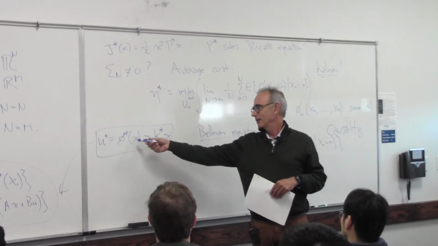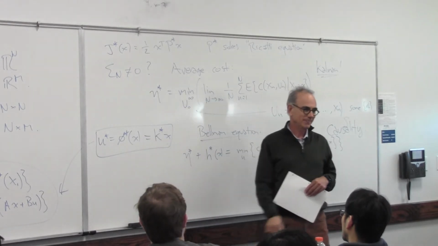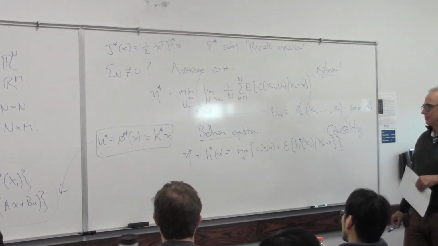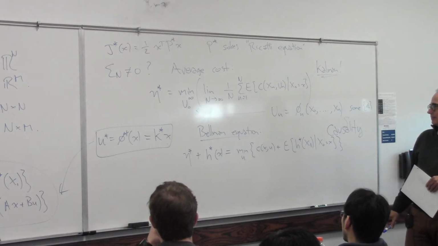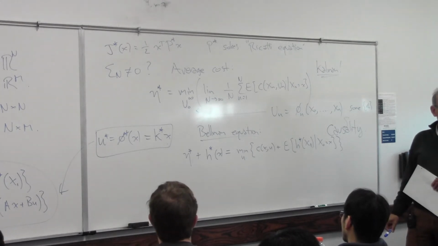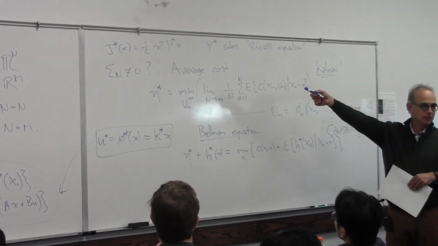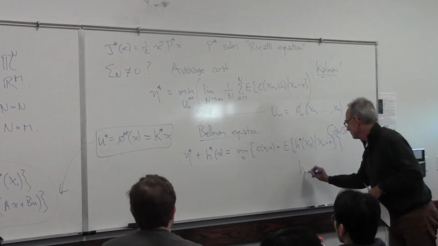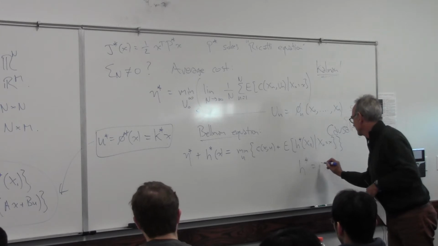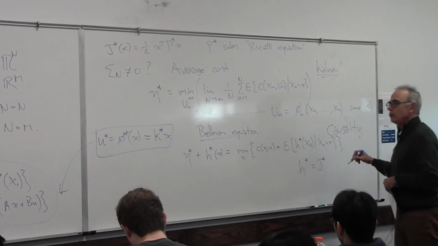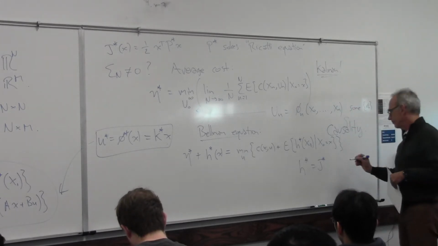You get u equals k star x. Is the eta star the same? Yes, that's right. So it turns out that eta star is J star, the unique solution that's 0 at 0.